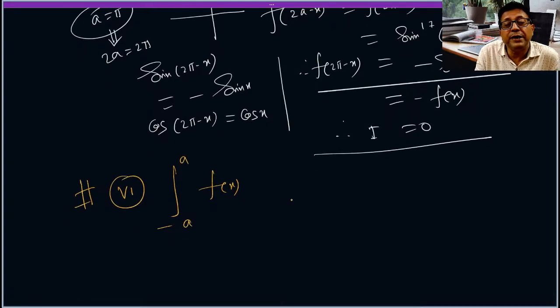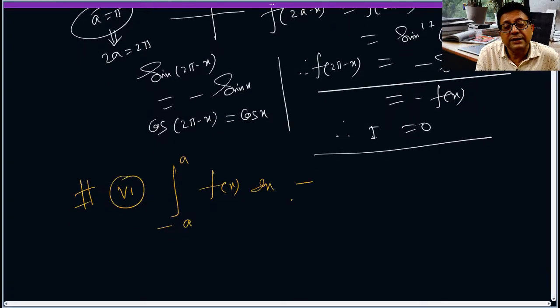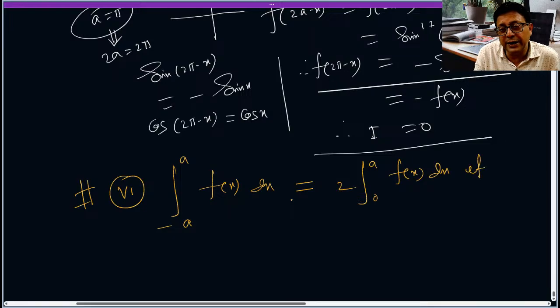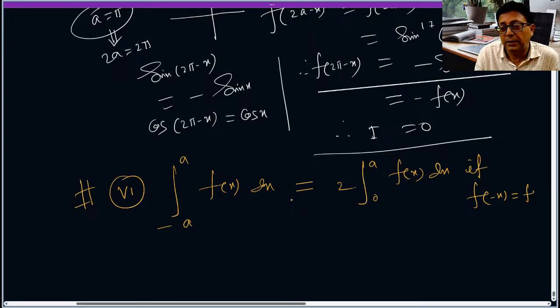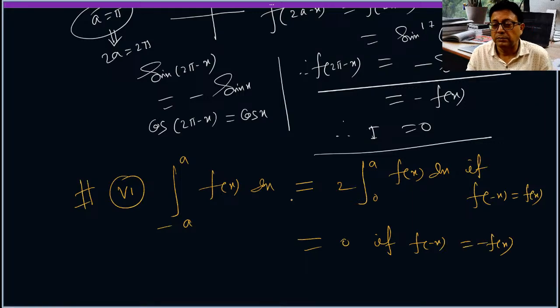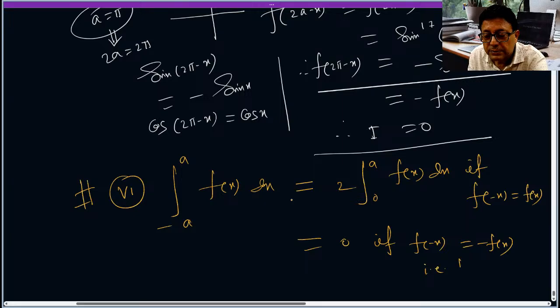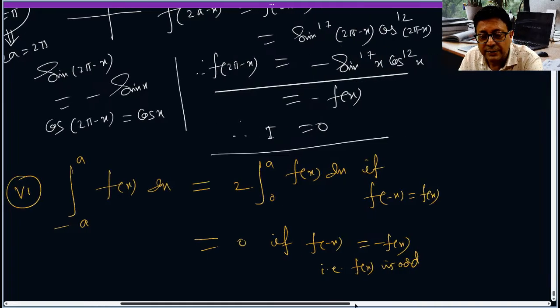So the integral from minus a to a of fx dx will be 2 into the integral from 0 to a of fx dx if fx is even, and equal to 0 if fx is odd.